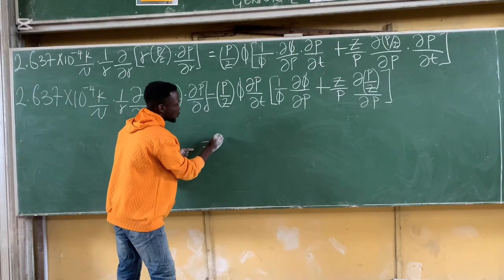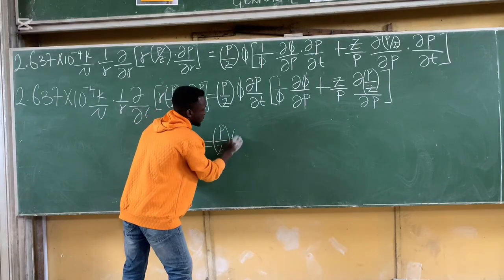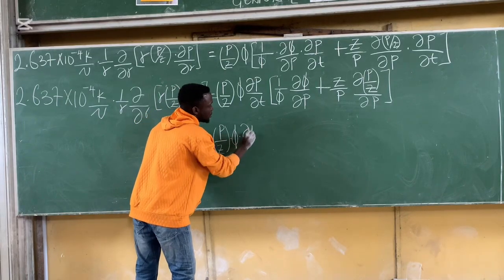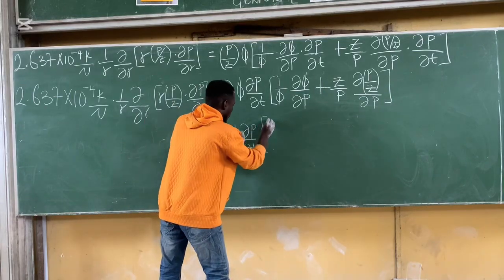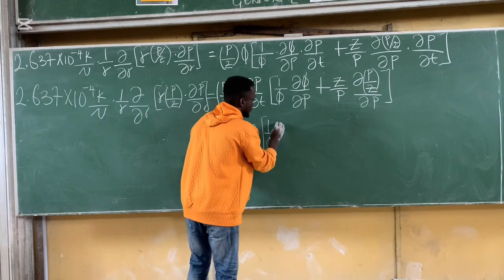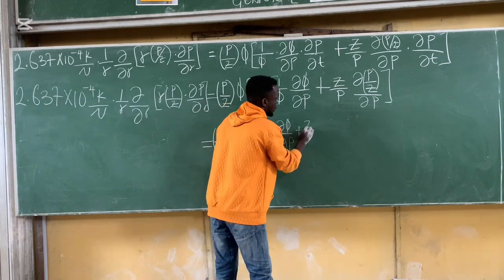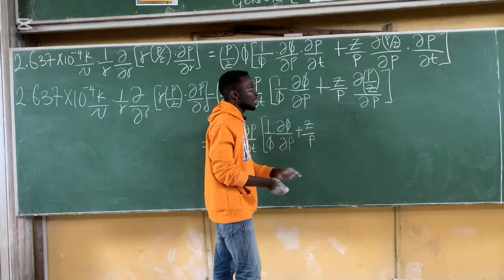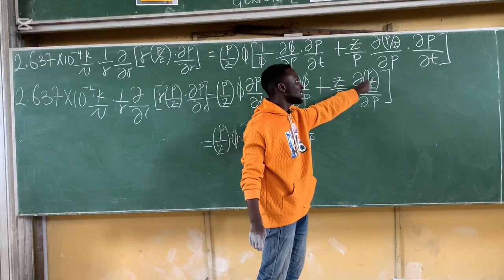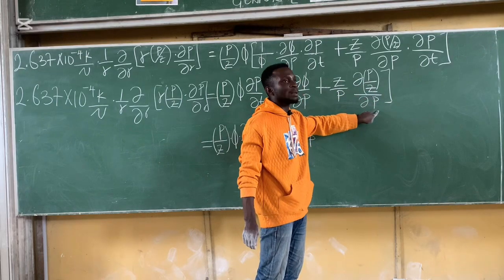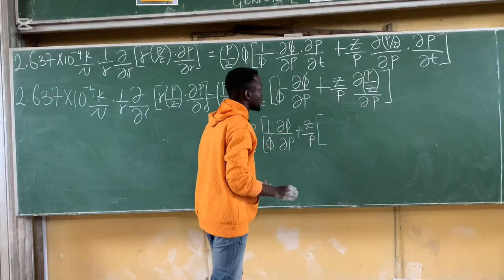This will be equal to p over z times phi times dp dt into 1 over phi, d phi divided by dp, plus z over p. Now let's differentiate p over z with respect to dp. If I am to do that, let's put it in another bracket.